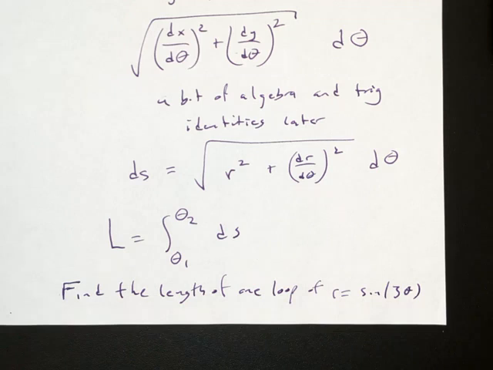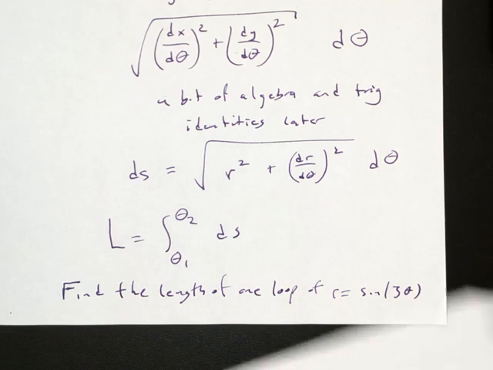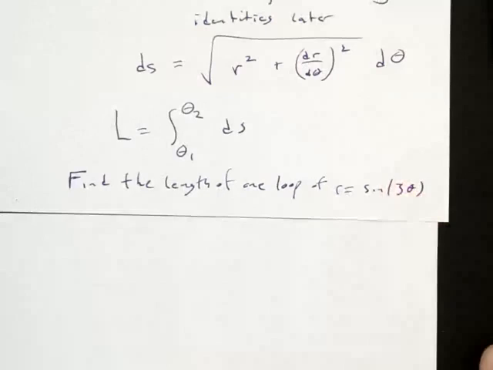But we already know what the theta bounds are for one loop. For one loop, that's the same as what we did for our area. We're going from 0 to pi over 3.